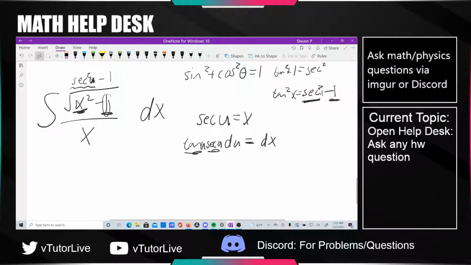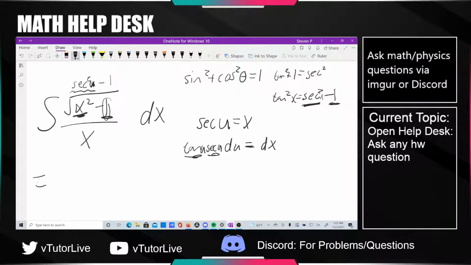So let's see what happens when we plug this in. The integral of, now it's secant squared of u minus 1, gives us a tan squared here. And what's in the bottom? The bottom is now a secant of u. What's dx? dx is now tan of u, secant of u, du.